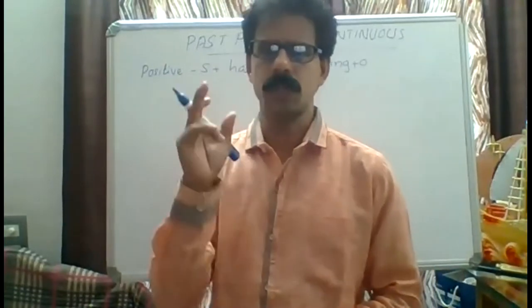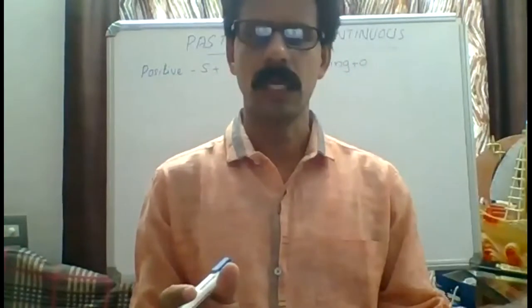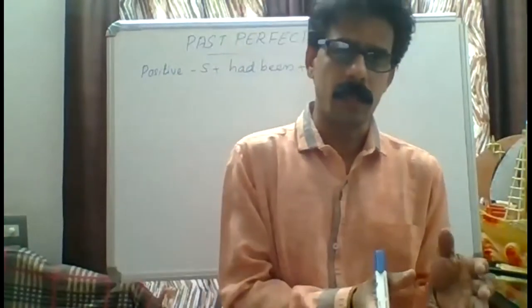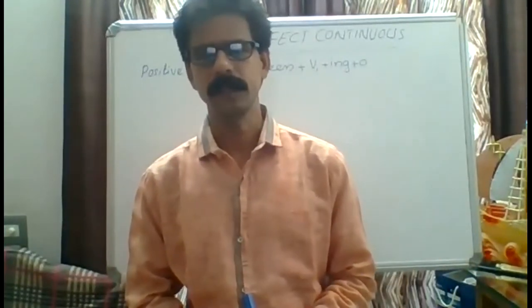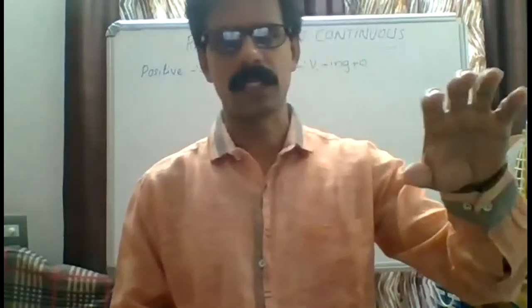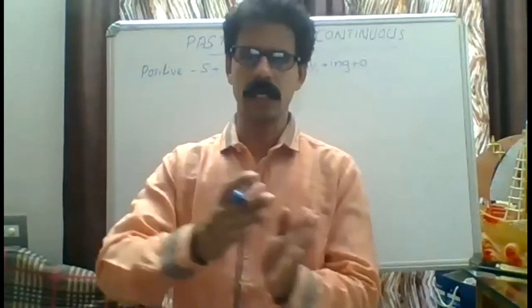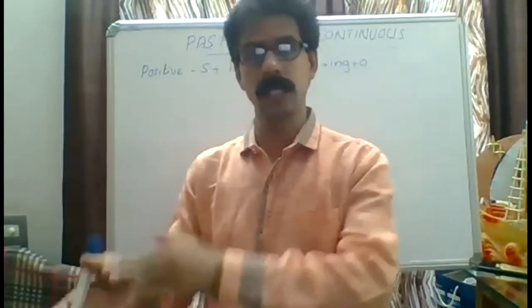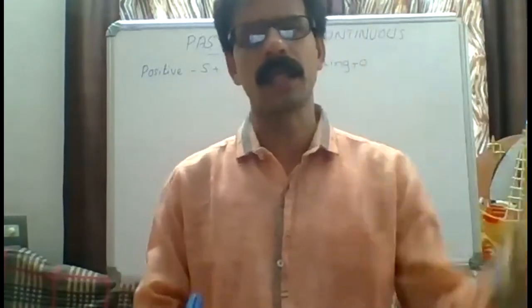An action which began in the past and continued for a long time in the past and ended in the past until another action took place in the past. Just an action began in the past, continued for a long time in the past, and ended in the past when another action took place.